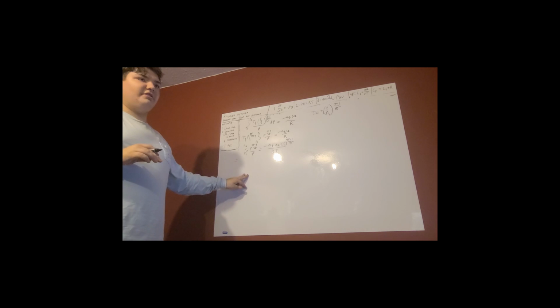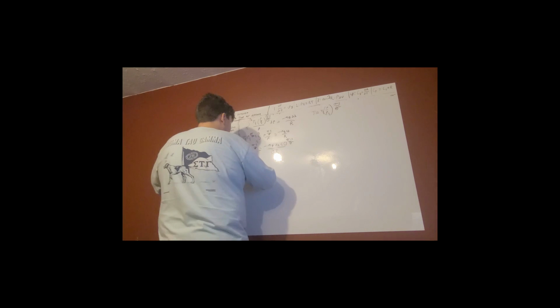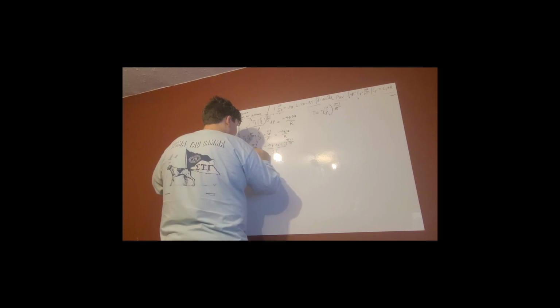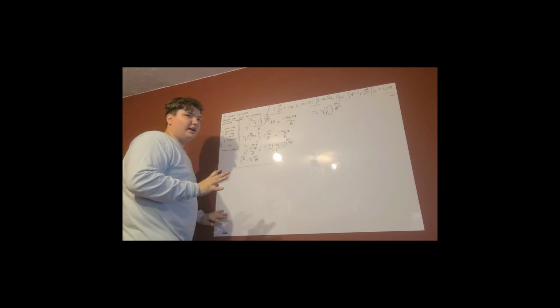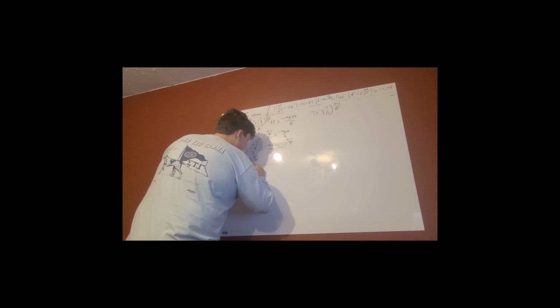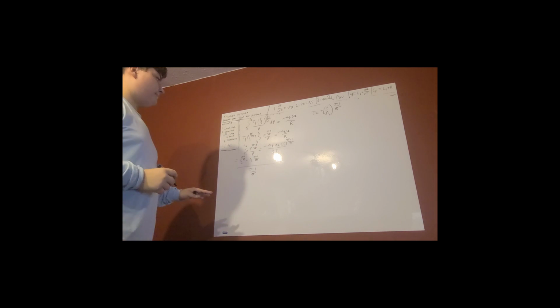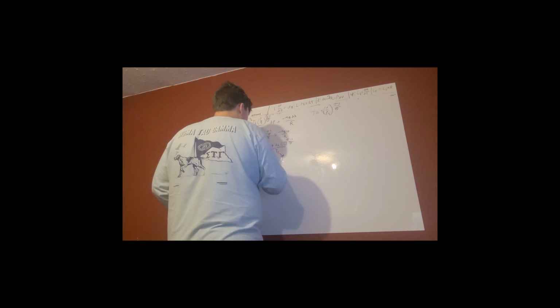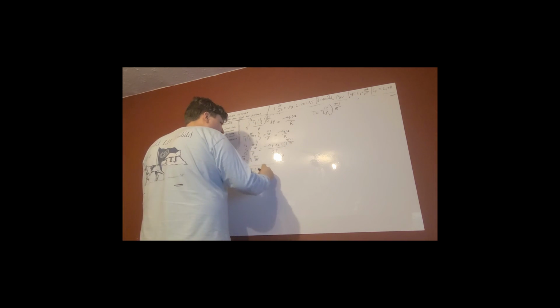Just to quickly solve this, it's going to give us P2 to the gamma minus 1 over gamma minus P1 to the gamma minus 1 over gamma, all over gamma minus 1 over gamma. And this side's going to stay the same. And then we're actually going to multiply this over.